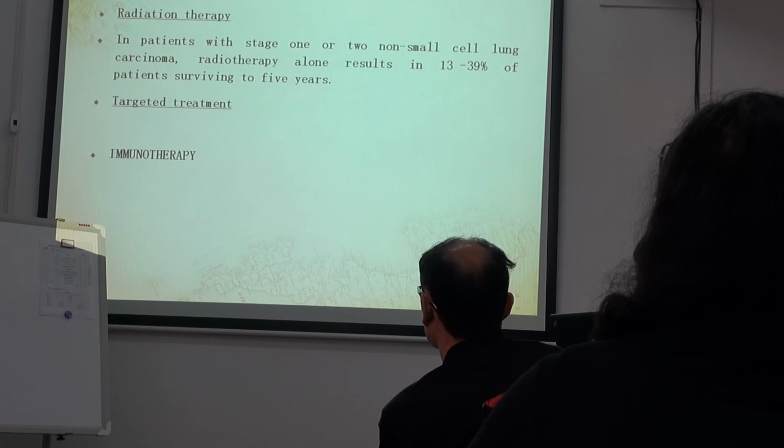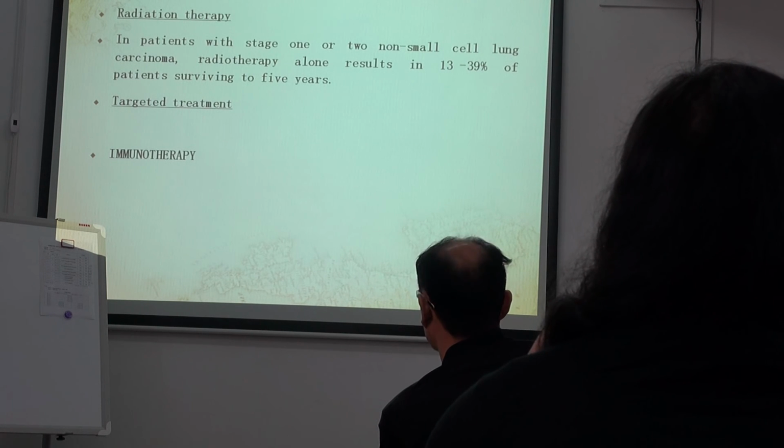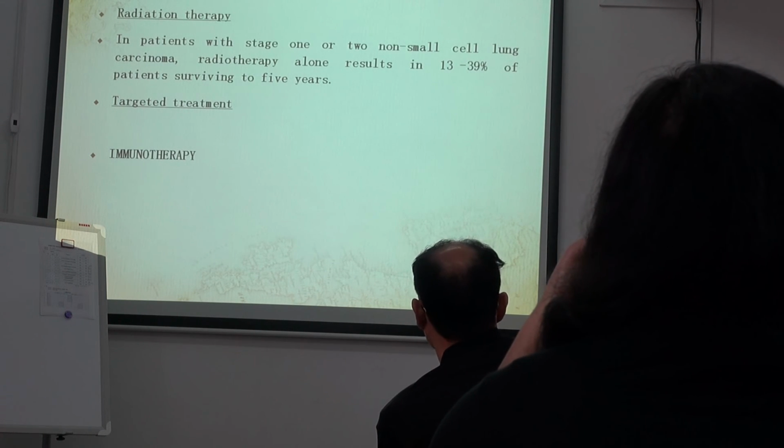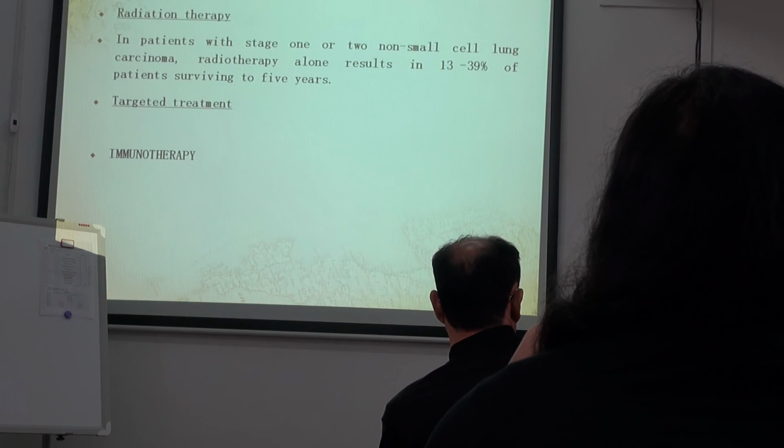And radiation therapy. In patients with stage 1 or 2 non-small cell lung carcinoma, radiotherapy alone results in 39% of patients surviving to 5 years. And radiotherapy is done when we know the tumor is at a particular site.